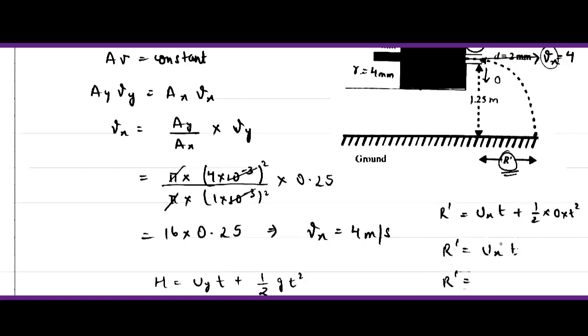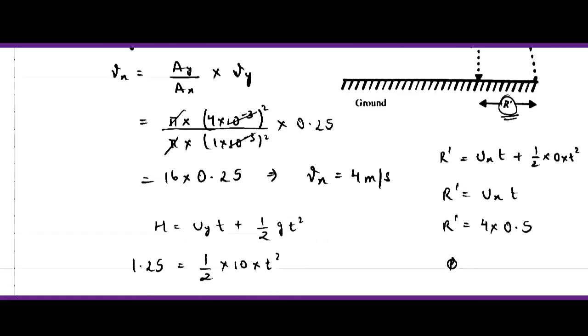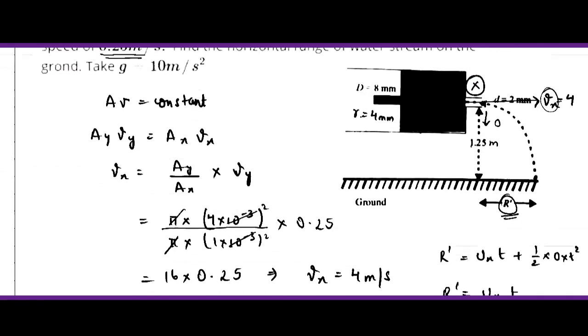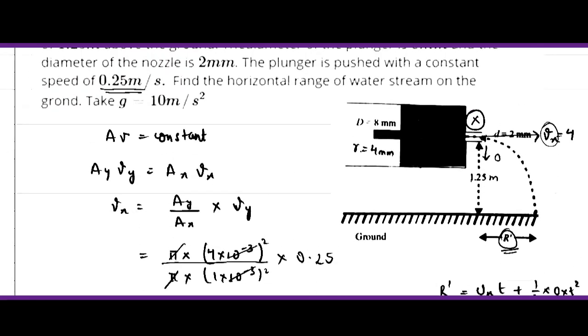So r dash will be equal to ux, which is this vx only, the x component. So this is 4 multiplied by the time taken, 0.5 seconds. So we will get this horizontal range as 2 meters. So water will cover a horizontal range of 2 meter. This is the required answer.